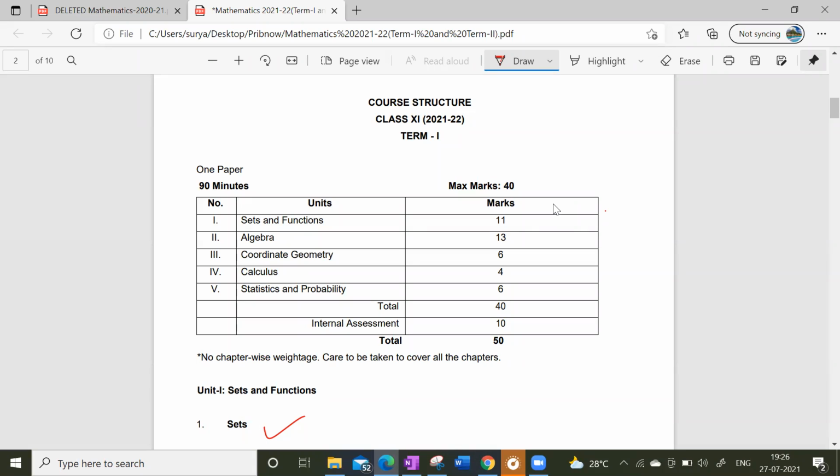We're not done with statistics, limits and straight lines, these 3 chapters. Apart from that you have done everything, right? Yes, sir. So you are going to write at the end of August, maybe late August or the start of September.